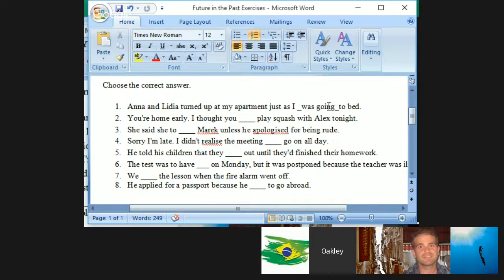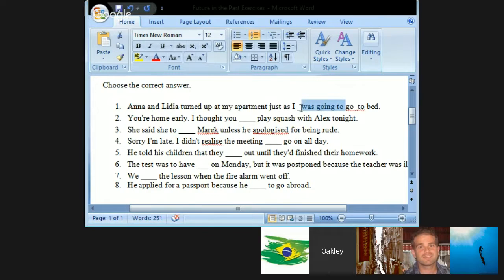The difference here, see, there is a difference sometimes. Just as I was going to bed means that was the now. You were actually getting in bed. Just as I was going to go to bed means you planned on it, but you maybe weren't even in the bedroom yet. Going to bed means you've actually got your feet into the bed.